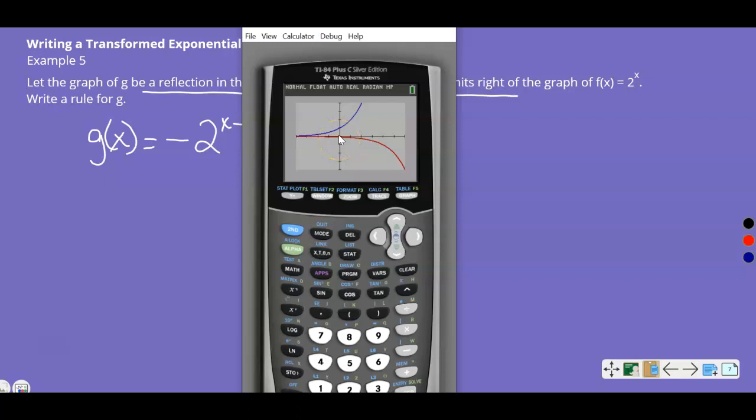And again, you can just choose a point and see if that looks right. But also, if you want to use your calculator, you can go to second table, and that gives you your table of values, and you can see if those are indeed both reflected and translated 4 units to the right.